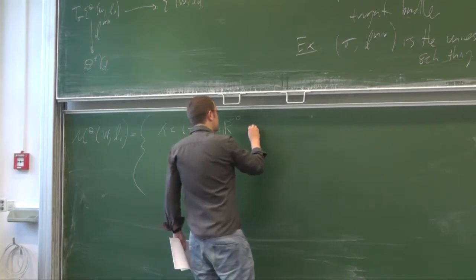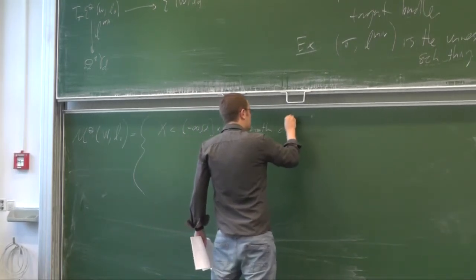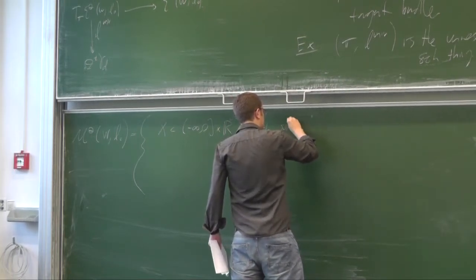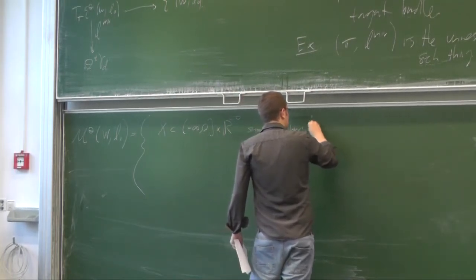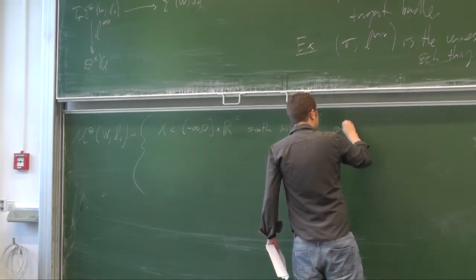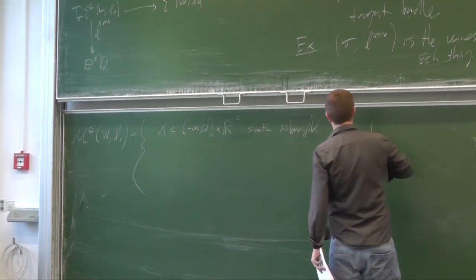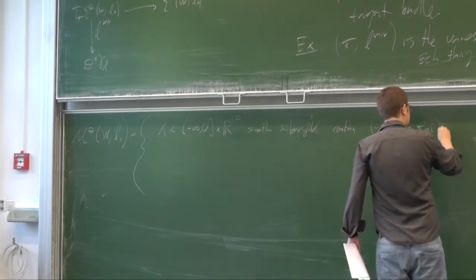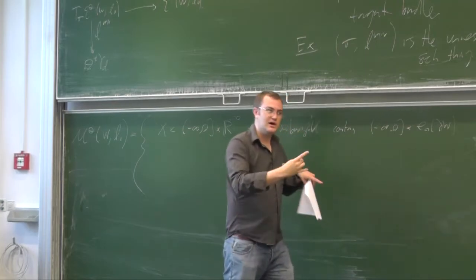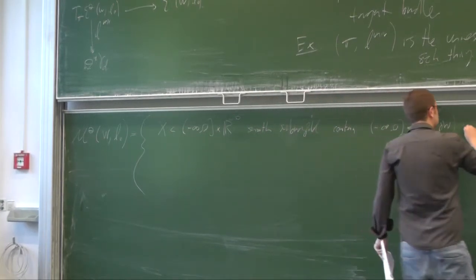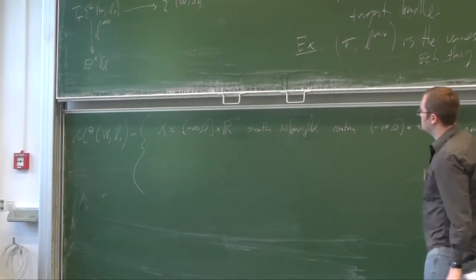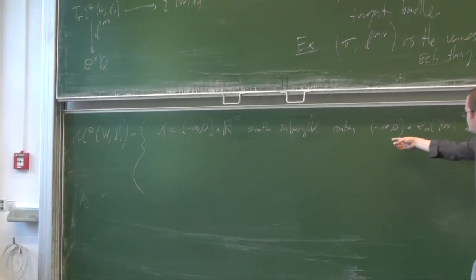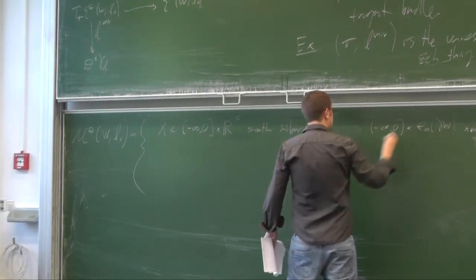Okay, so this is a smooth submanifold containing minus infinity 0 cross E naught of the boundary of W. So it contains this column at least near 0. Agreeing with this near 0.